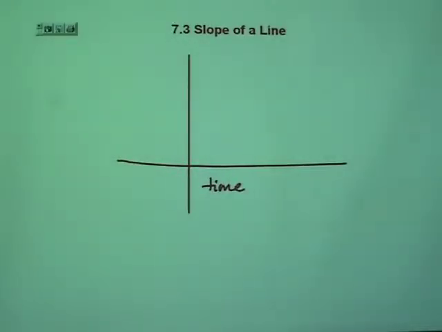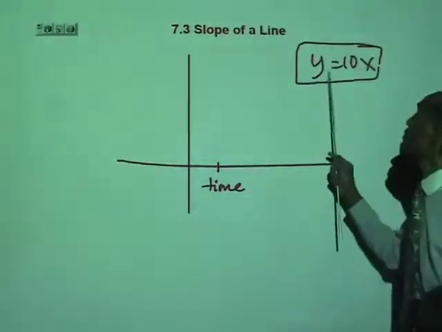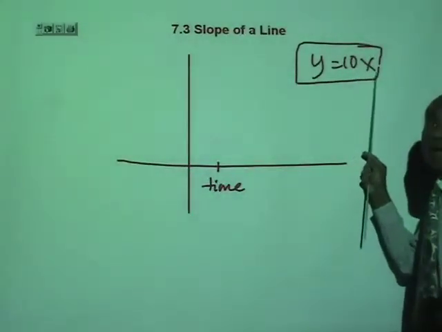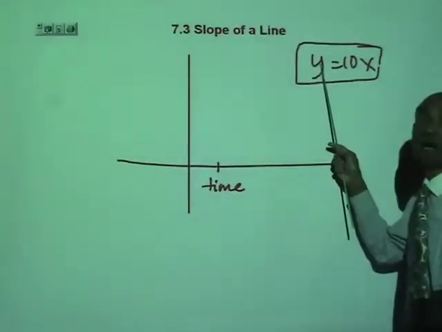Suppose you work for 1 hour, how many dollars do you earn? Let's say y equal to 10x is the equation that connects the number of hours you work and the amount of money you earn.